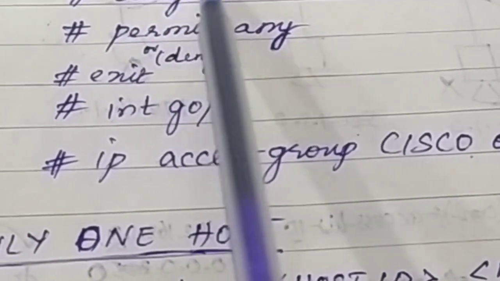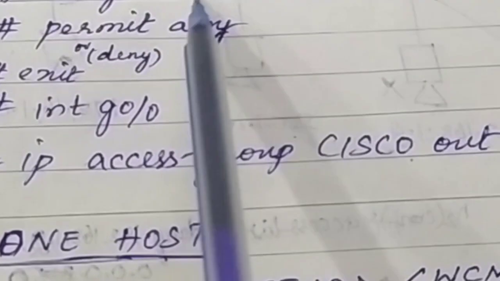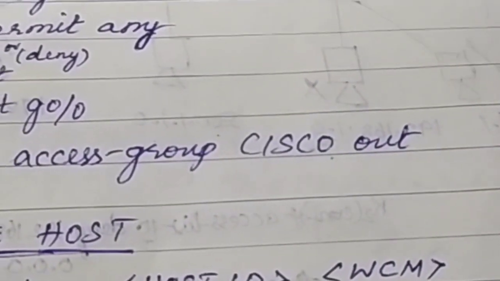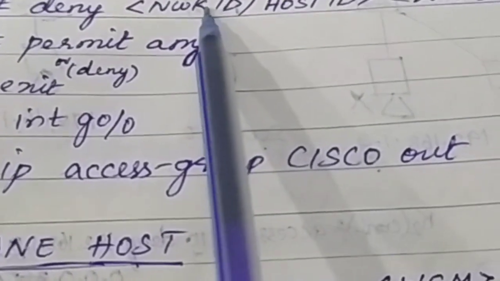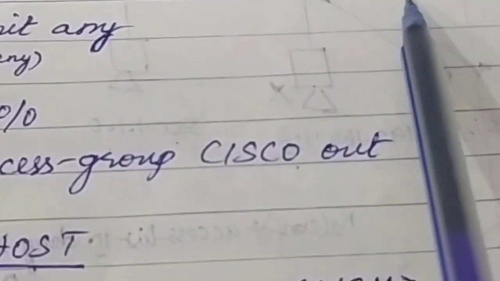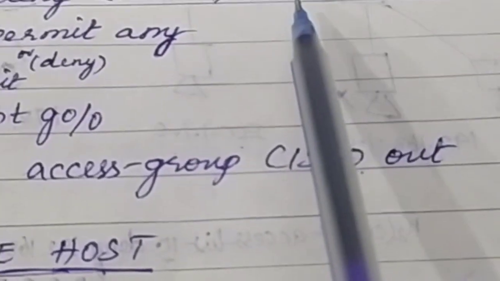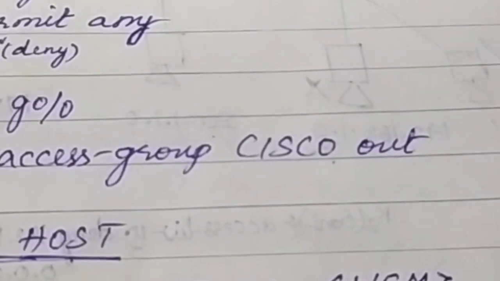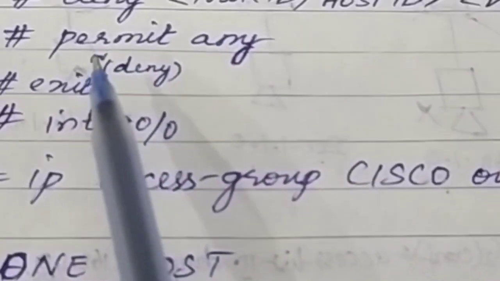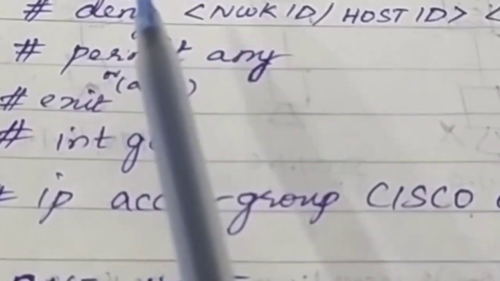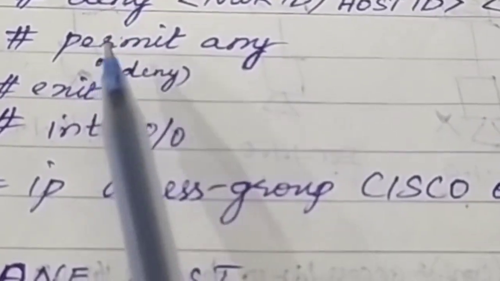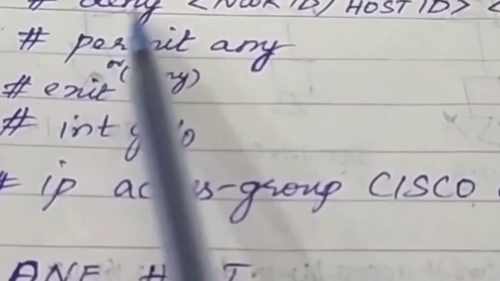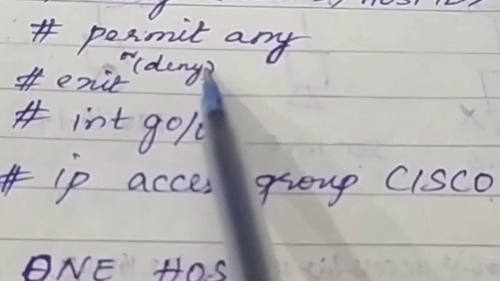Here I'm taking deny, or you can use permit also. Then network ID or host ID, then wildcard mask. You know very well, if you take network ID, wildcard mask will be 0.0.0.255. If you take host ID, then wildcard mask will be 0.0.0.0. If you take deny in the first line, then you have to take permit in the next line. If you take permit in this line, then the next line will be deny.